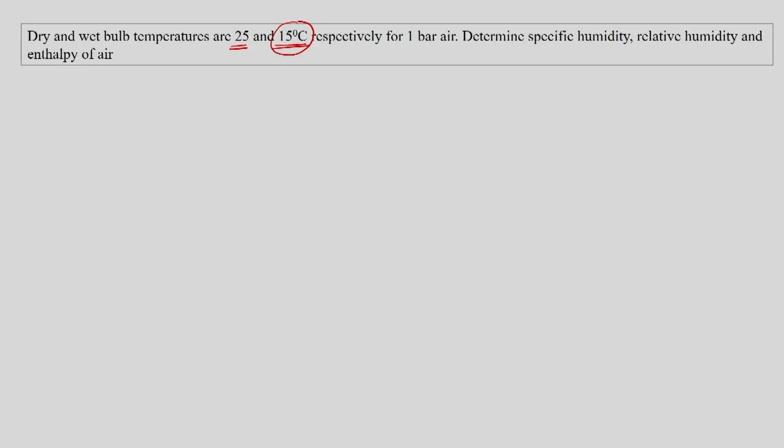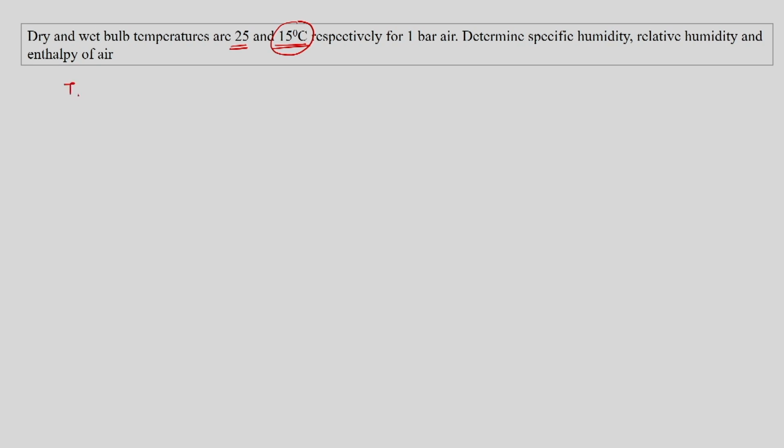Water will evaporate, it will take the latent heat from the existing water and some part from the air, and the temperature will decrease, and that decrement in temperature is measured, so the temperature measurement shows 15 degrees Celsius for 1 bar condition, and we are supposed to find out specific humidity, relative humidity and enthalpy of air.